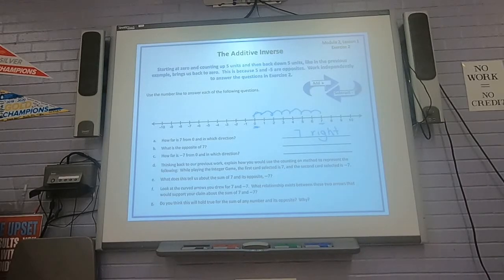All right, what is the opposite of 7? So the opposite, remember, is just that number with a different sign. So the opposite of 7 would be -7. How far is -7 from 0 and what direction? So in order to show you that, I'm going to erase this.